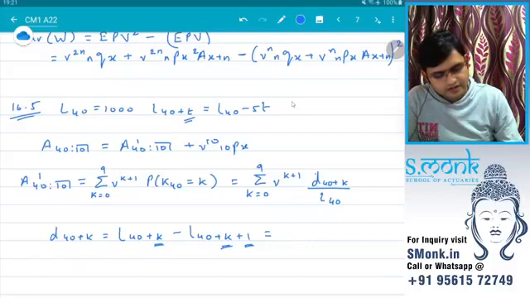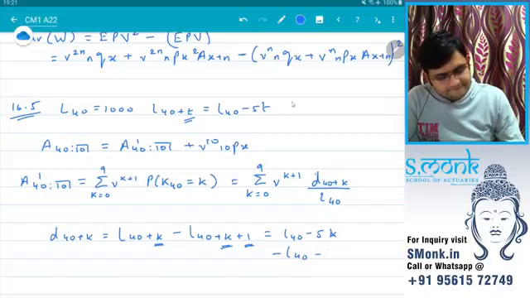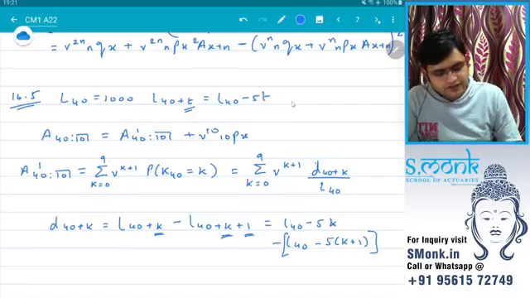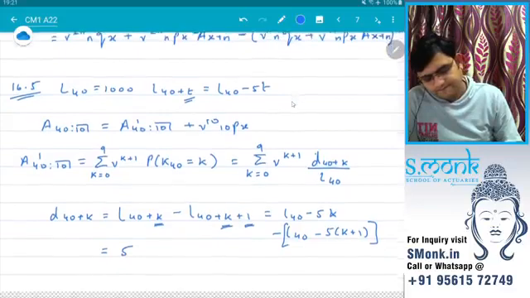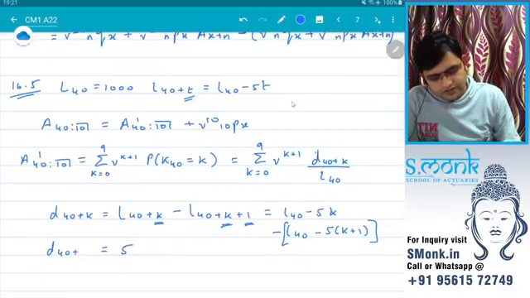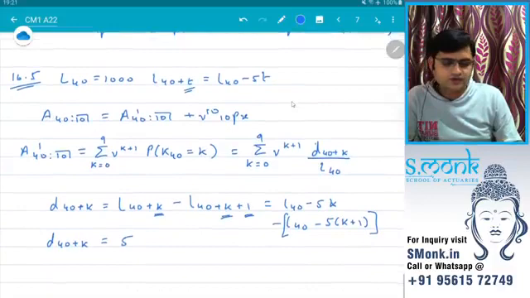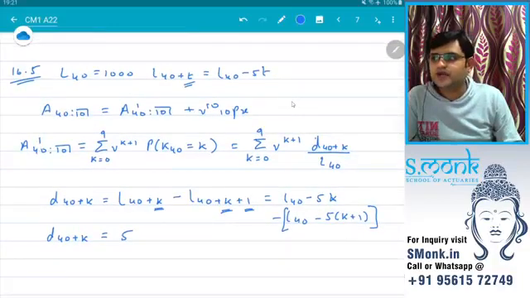We'll get L40 minus 5k minus L40 minus 5 into k plus 1. L40 minus 5k gets cancelled out and we'll be left with just 5. So d40 plus k for all values of k going from 0 to 9 is literally 5.